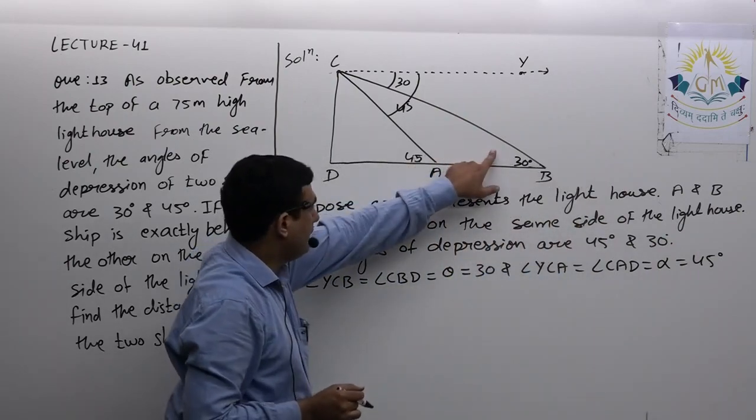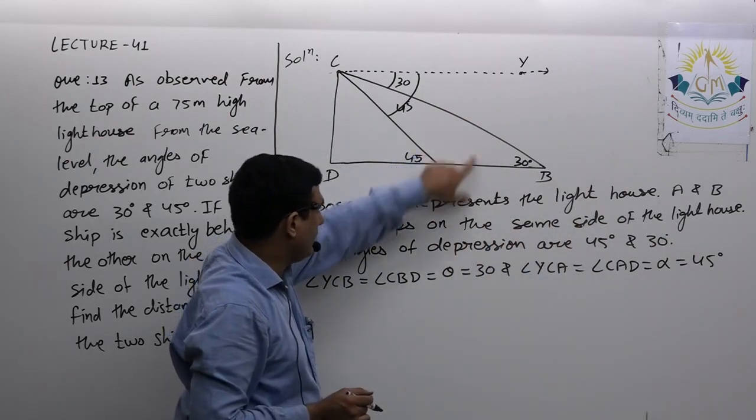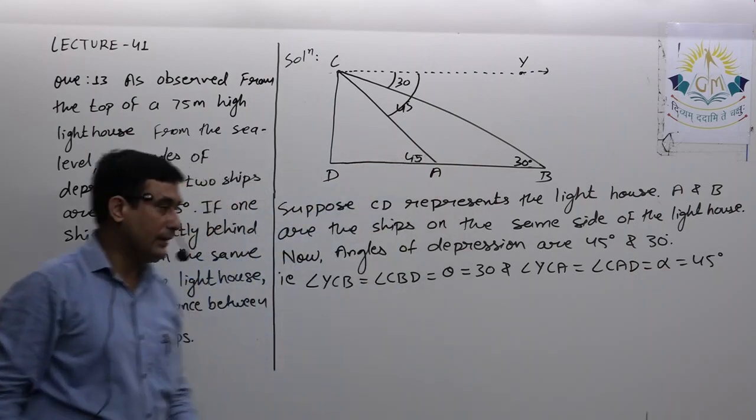Okay, so this angle is 30 degree, 45 degree. I assume theta 30 degree and alpha 45 degree.